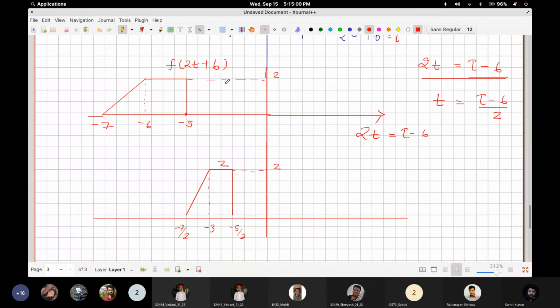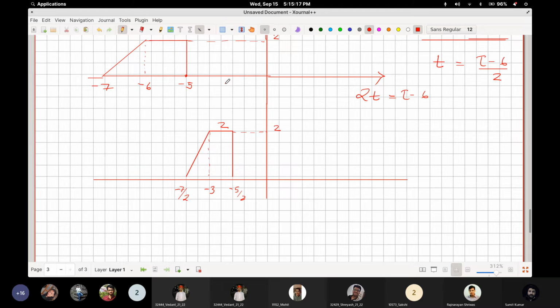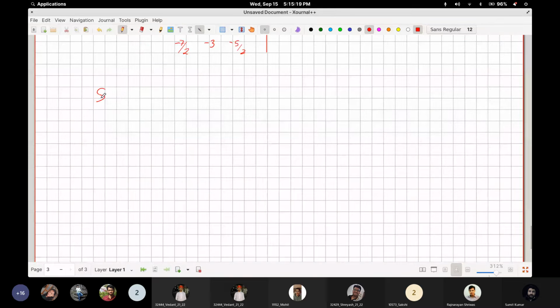So whenever you have any complicated operations, you can do it step by step and get your function easily. Or another thing that you can follow is first you shift, okay, then you scale, and after that you invert. And make sure that these are not any complex operations.